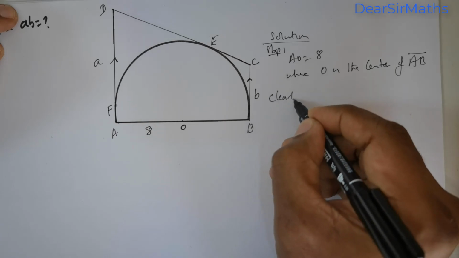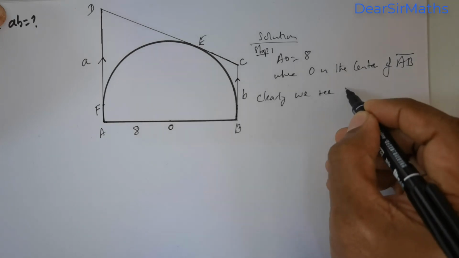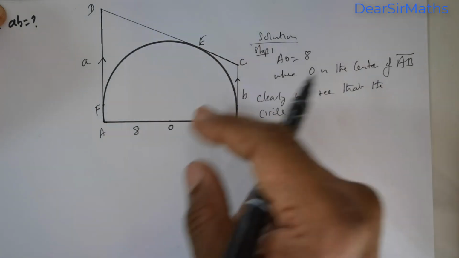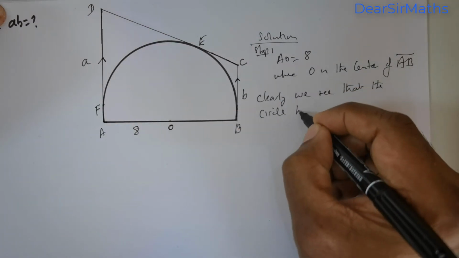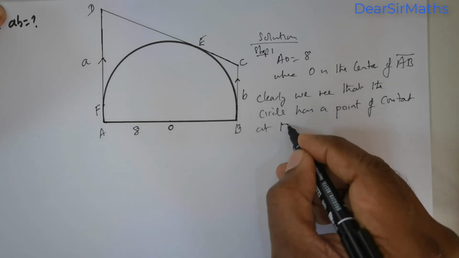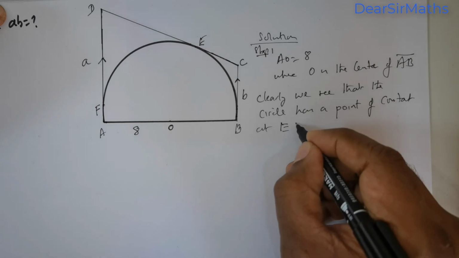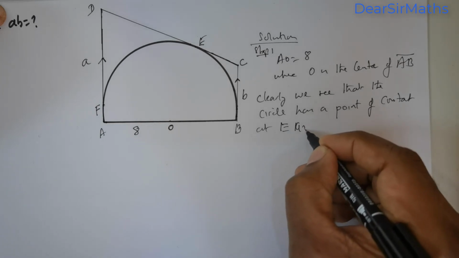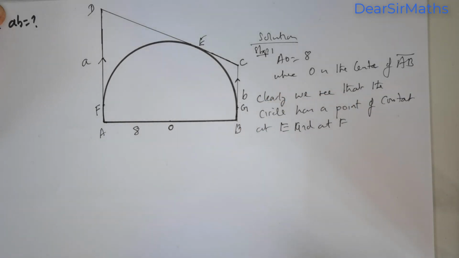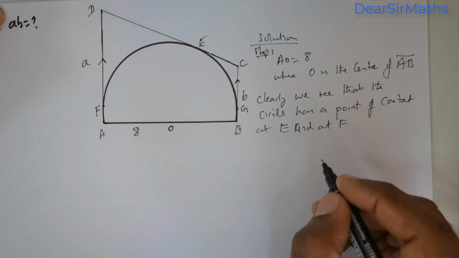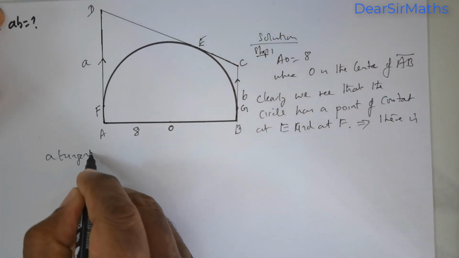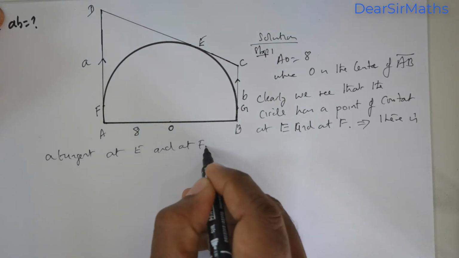Clearly we see that the circle, when I say circle, it means the semicircle, has a point of contact at E and at F. Now there is also a point of contact over here, so let me take this point of contact as G. Foremost I am considering these two points of contact, E and F. So this would mean there is a tangent at E and at F.